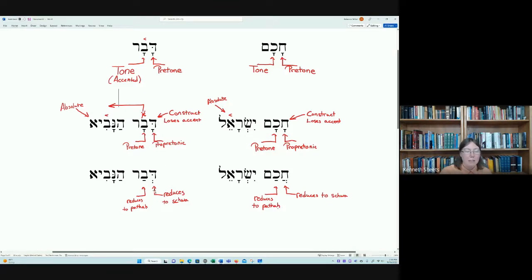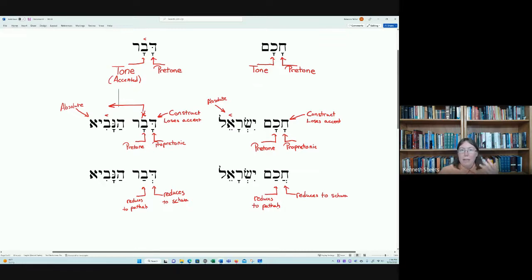And that leads us to this final form here, devar hanavi. Notice how in the propretonic syllable, the kamates reduces all the way down to the simple vocal schwa. And then we also have a hurried form, the pathach underneath the bar, given that it is construct.